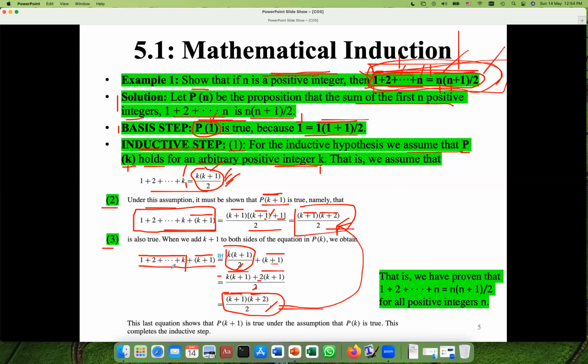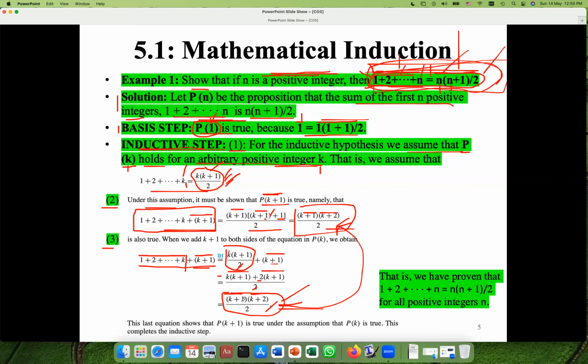So now, when you started with the left hand side and reached the right hand side, this is what you have proved, that k plus 1 is true. If pk is true, which you have assumed, now when you reach the right hand side, you have proved that k plus 1 is also true.